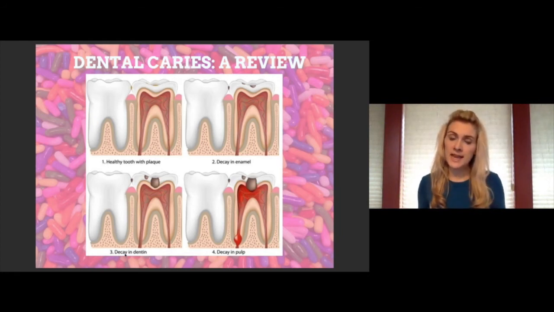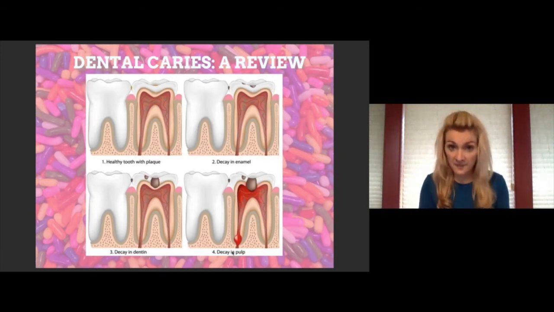Now, if the decay is left untreated or fluoride is not used to take care of it, it permeates into the dentin of the tooth or the inner tooth structure, and that's when intervention is necessary. Fourth, it can lead to reaching the pulp of the tooth, which can manifest as severe pain, swelling, infection, and sometimes systemic infection.